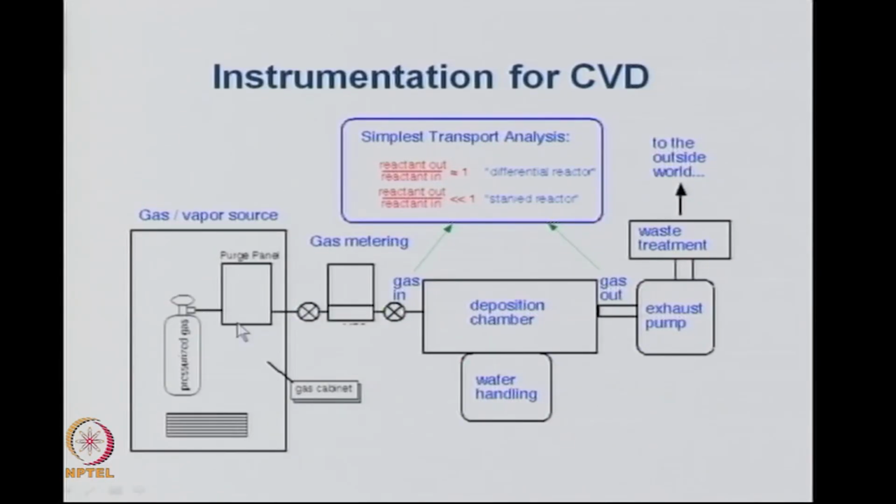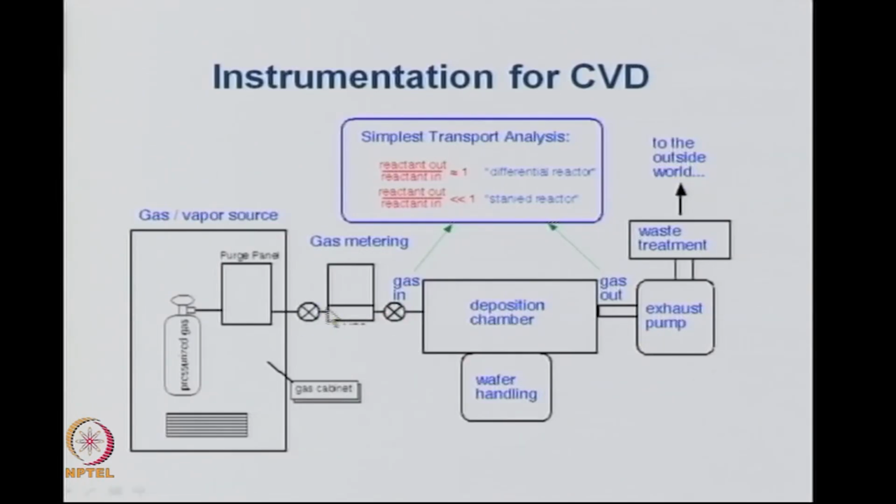Now, if you look at the instrumentation required for chemical vapor deposition, you have your gas or the source for the vapor, which may be a liquid or some source, and there is a panel which you use for purging, and then it goes through some meters where you can control the flow of the gas in or out.